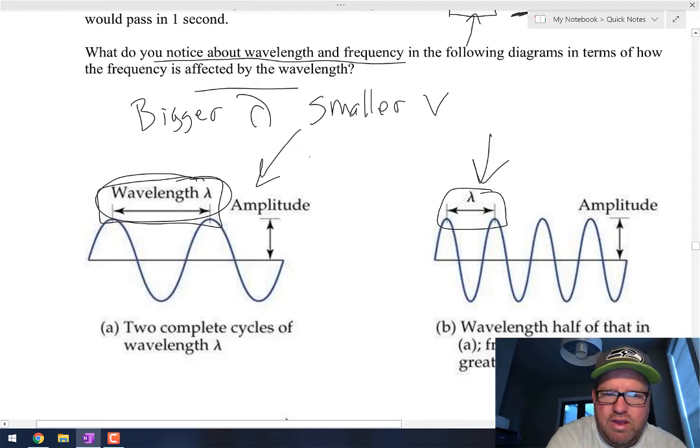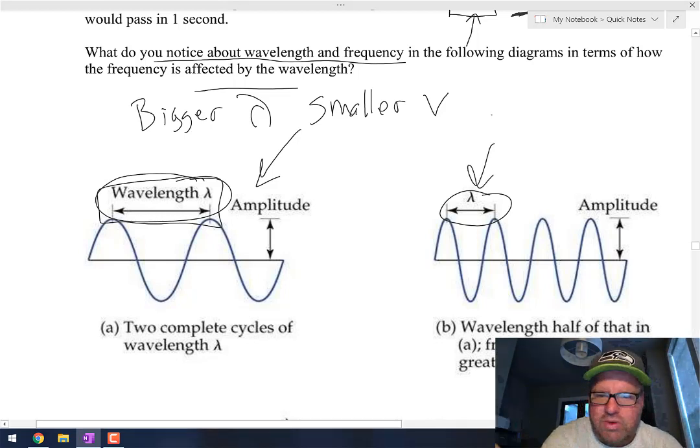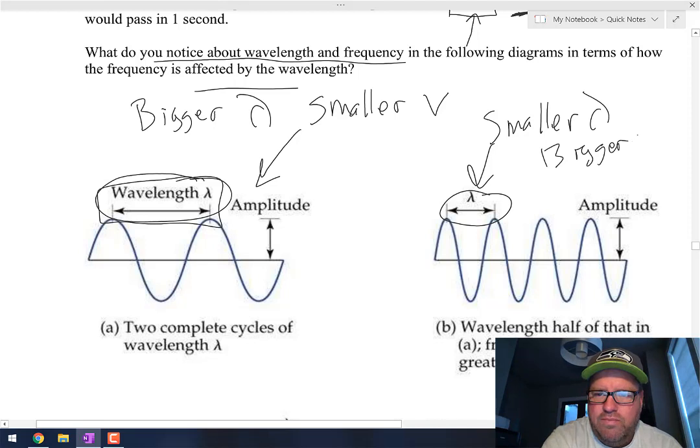We see that here. And this one has a smaller wavelength, and if the waves are smaller, of course, more waves can pass by every second because there's less of a wave to pass by. So in this one we see that the smaller the wavelength, the bigger the frequency. That's a relationship that we're going to look at in more detail tomorrow.